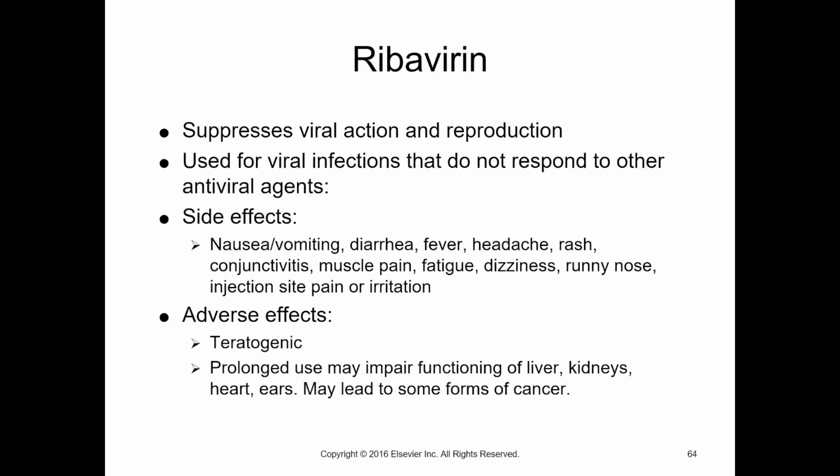Ribavirin, this suppresses viral reproduction as it is essentially a counterfeit, quote unquote, counterfeit type base to suppress the virus's action on the cell. This is one that's normally saved for viral infections that aren't responding to something like acyclovir. And you can kind of see why.